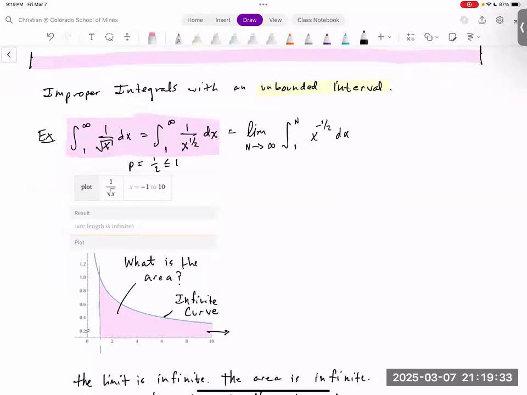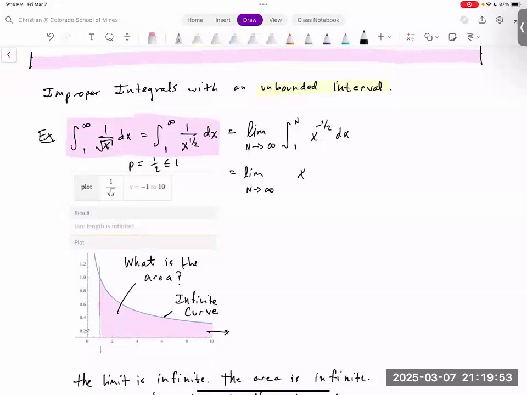Once we've set this up, nothing really changes. We still anti-differentiate like normal. Our bounds are 1 to n, and we're going to keep those bounds. We'll evaluate from 1 to n, and then once we've done that, we'll take the limit. So the limit as n goes to infinity sticks with us throughout the process.